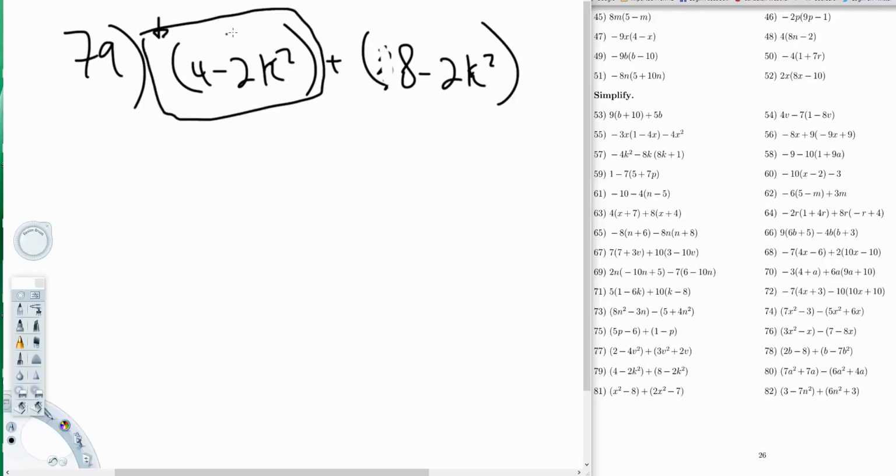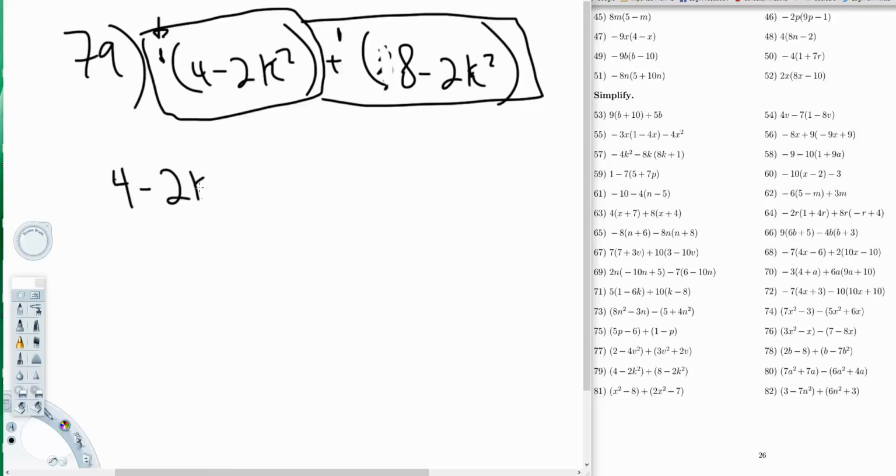You don't have to do any distributive property, because you're multiplying these brackets by a little positive 1. There's nothing there. So what you do is you just write down what's in the brackets. 4 minus 2k squared, here you have to imagine a little plus sign, plus 8 minus 2k squared.